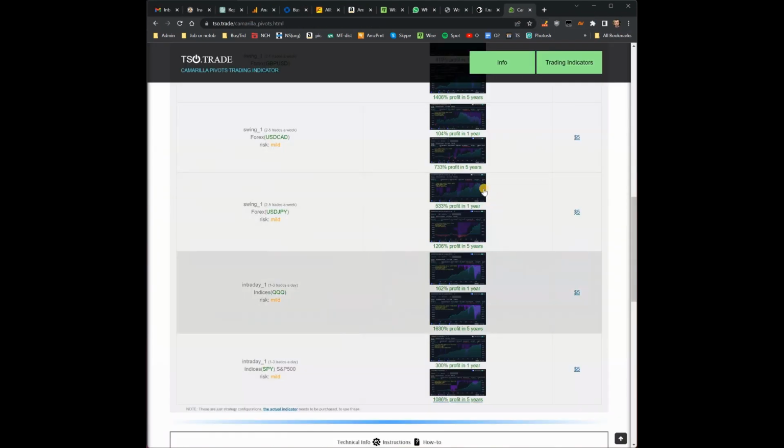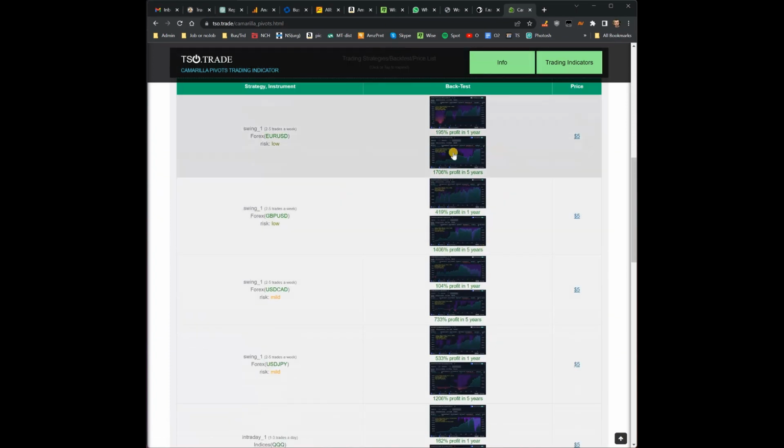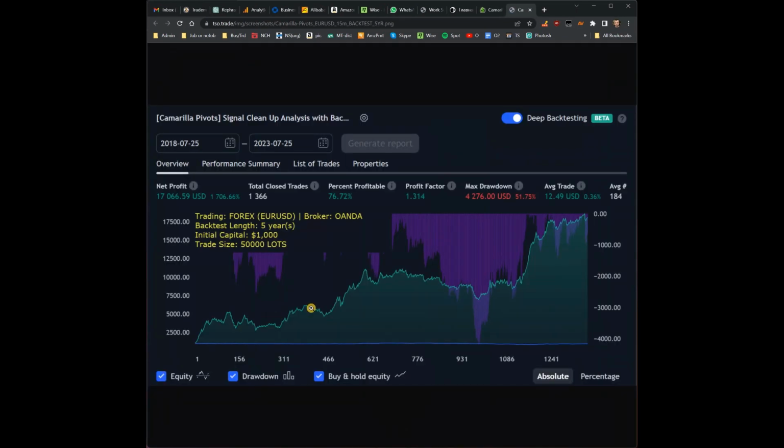Let me show you what I like the most, like EUR/USD. This is probably the best of what I want to see. This is a very good result. This includes a spread of 1.5 pips. So it includes the spread. There's no commission, and you can trade without commission, just using the spread.